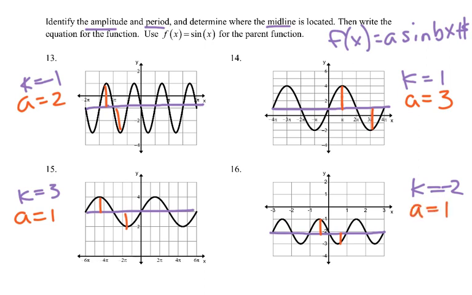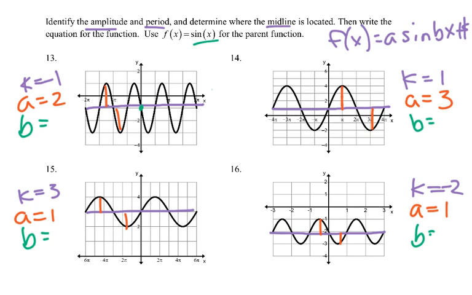Now to find the b, we need to know the period, don't we? So we know that these are sine functions. Sine functions start and end on the midline. So if I look right here and I start on the midline, now there's a few different ways we can think about it, because sometimes they can be flipped.